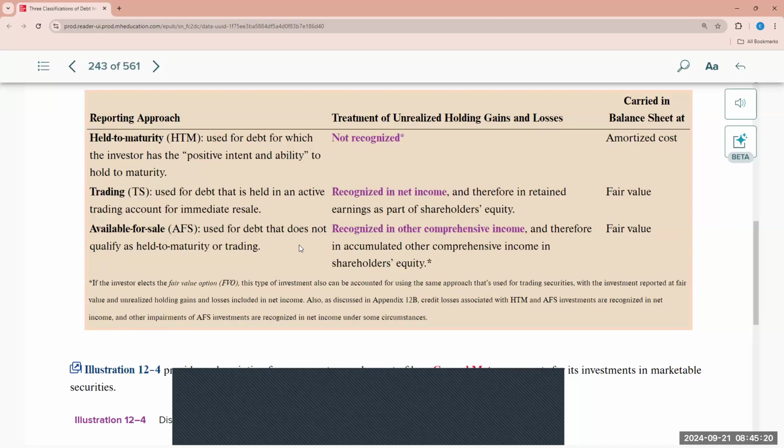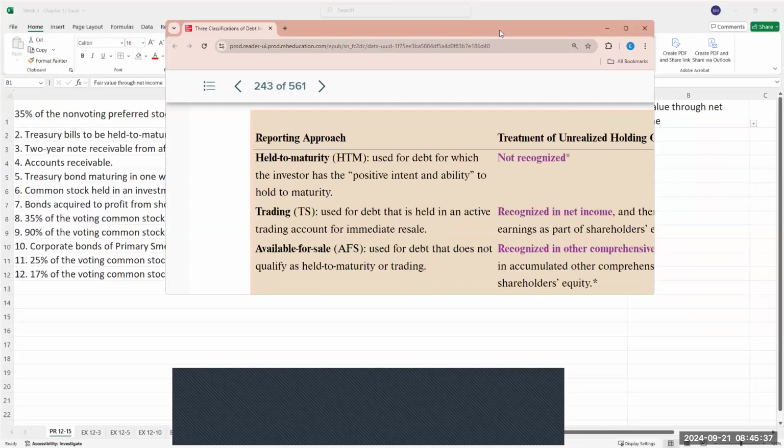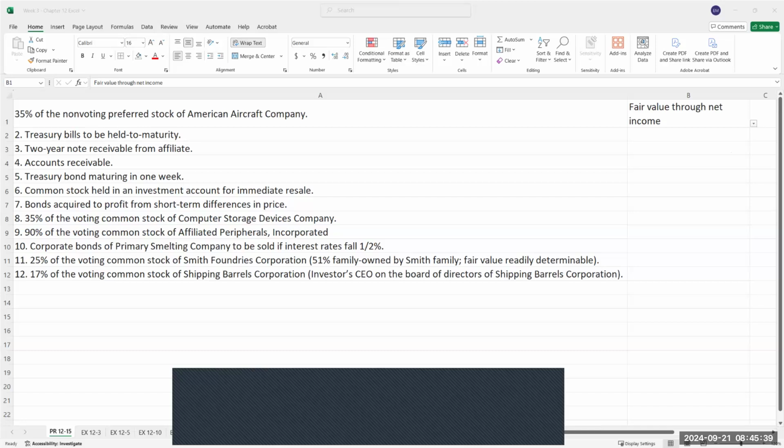Next are available for sale. It is recognized in other comprehensive income and therefore reported in accumulated other comprehensive income in shareholders' equity. And again, it's carried in the balance sheet at fair value. All right. So that's just some insight to know how to approach it based on the classification and the characteristics.